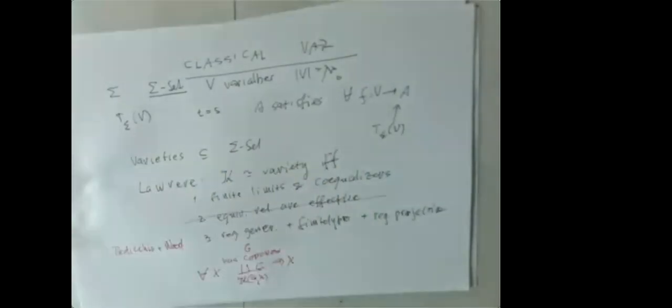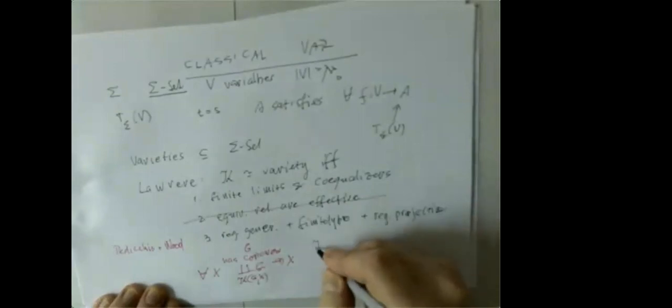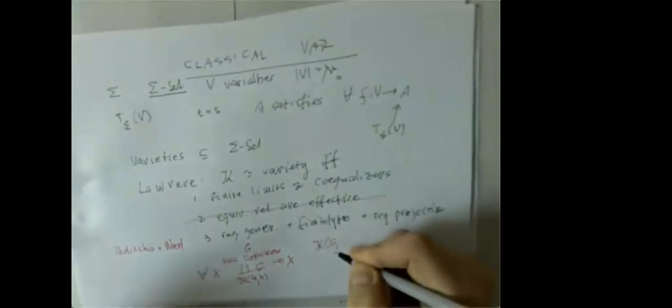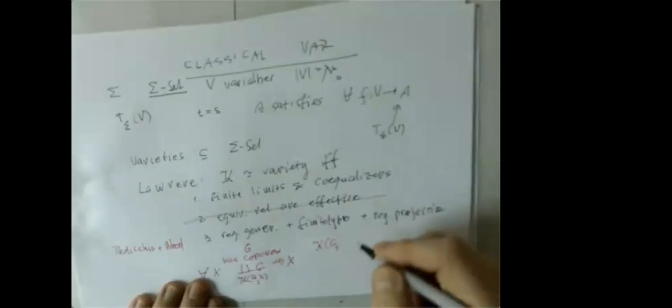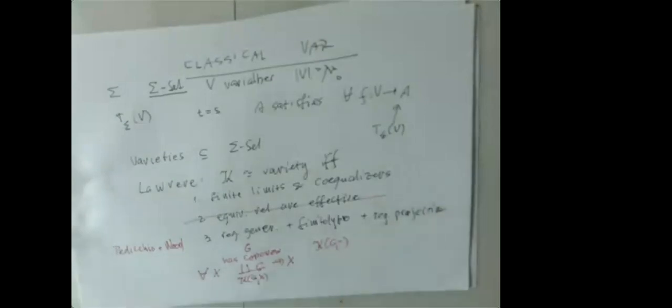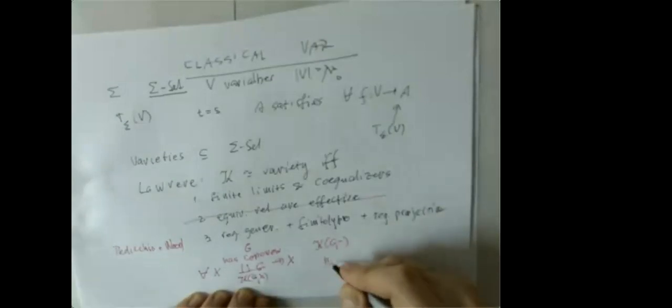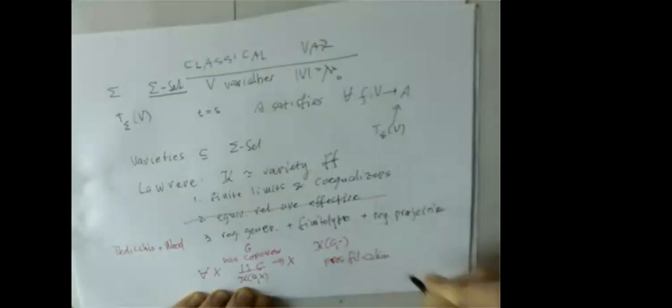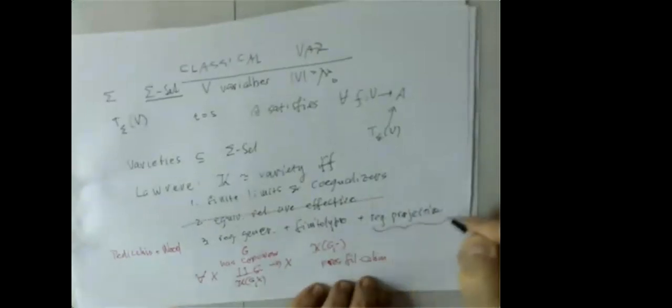And being a regular generator means this morphism is a regular epimorphism. Finitely presentable means that the Hom functor, which in this case, because we are in sets, goes into Set, preserves filtered colimits. And the last condition is that it preserves regular epimorphisms.